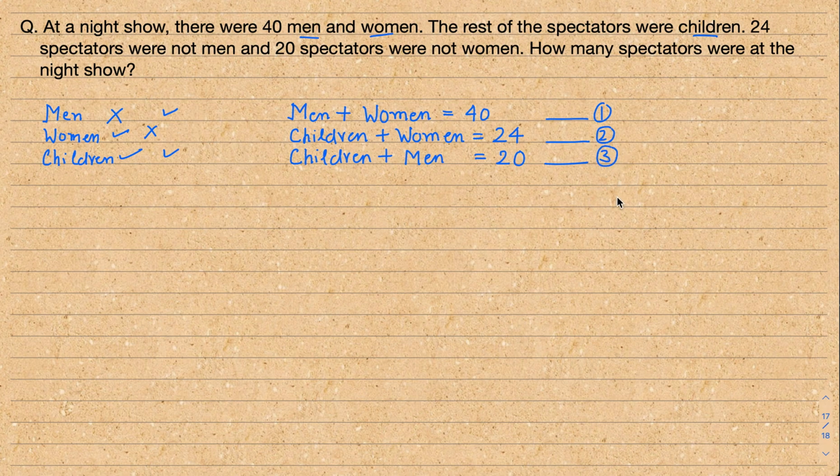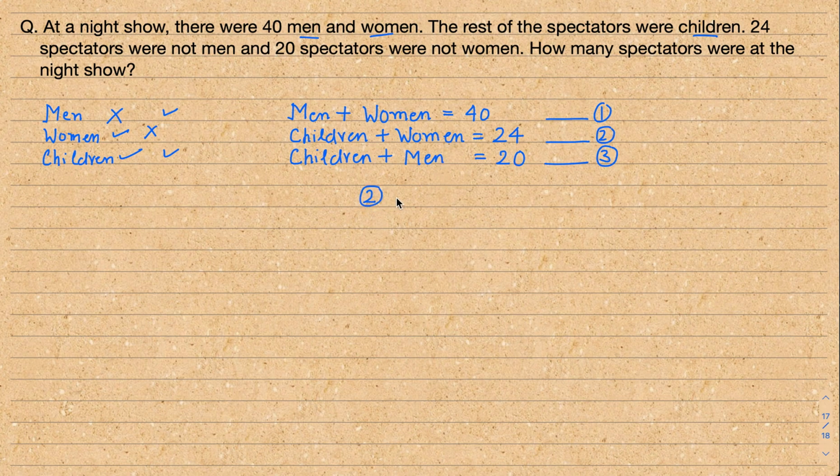Now what can I do? If you see carefully, here we have men plus women equals 40, and this equation has men and this one has women. So what if we add them together? Let's add equations 2 and 3 and see what happens.